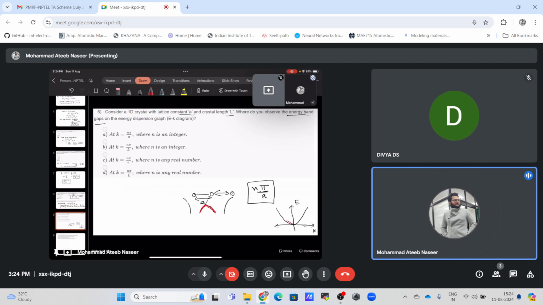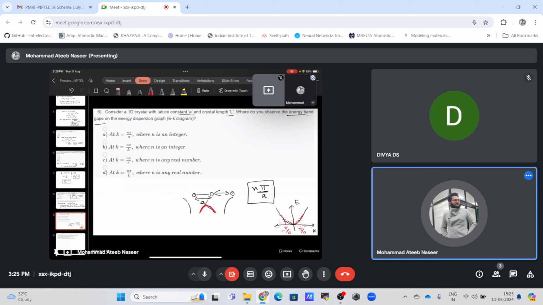Then we had a gap over here. It was not continuous; we had some gaps over here, and those occurred at pi by a, at those edges, pi by a and minus pi by a.